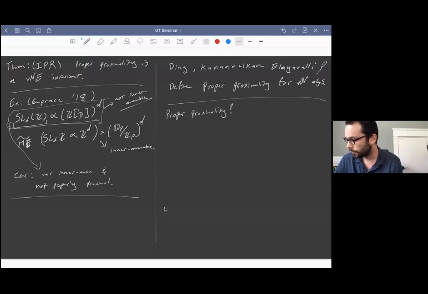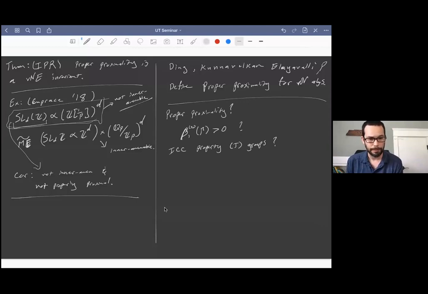So the classes of groups are, yeah, groups with positive first L2 Betti number, where we don't know if this implies proper proximality. Say ICC property T groups. This we also don't know if it implies proper proximality.